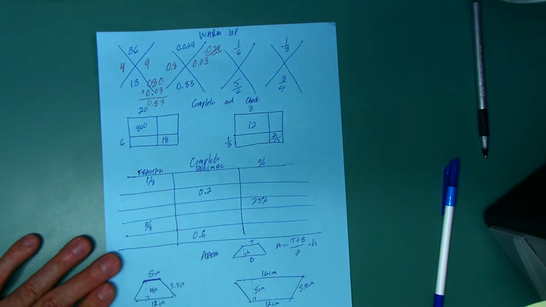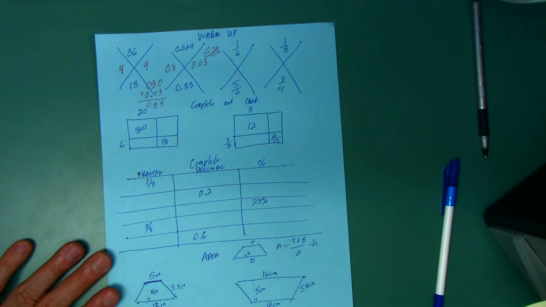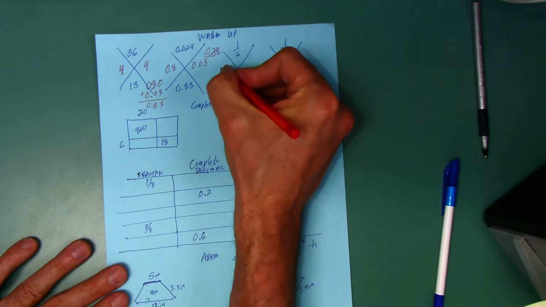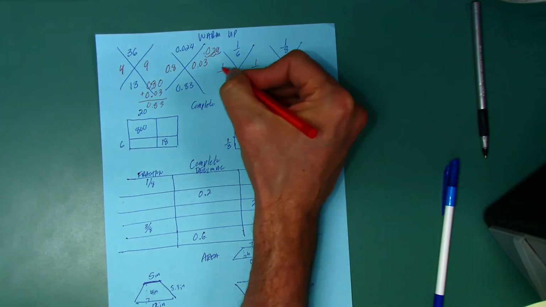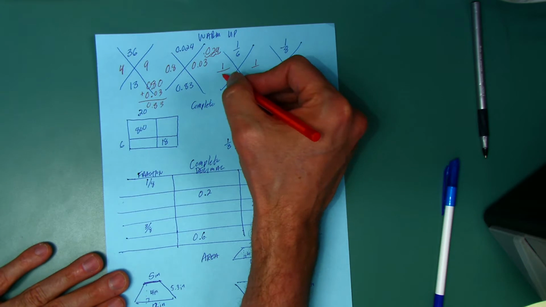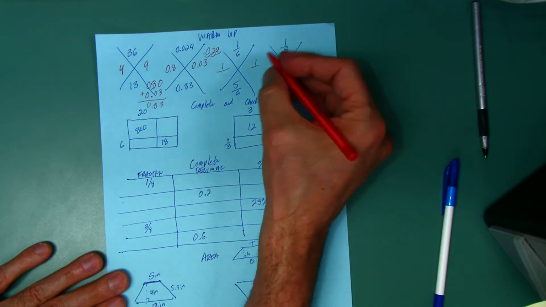Okay, now 1/6 and 5/6. Okay, remember multiplying fractions is easy, right? So I'm going to guess I'm going to have a 1 on top of 2 fractions here. Now, what times what is 6? Well, 6 times 1, but then I'd have a 1 underneath here. I'd have 1 and 1/6. I want to get 5/6.